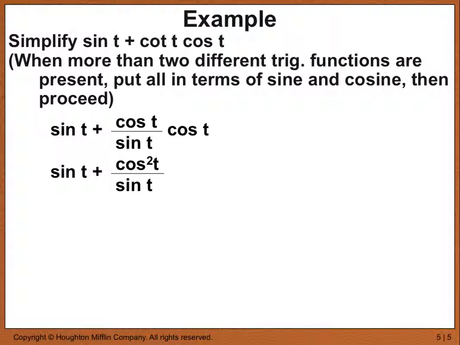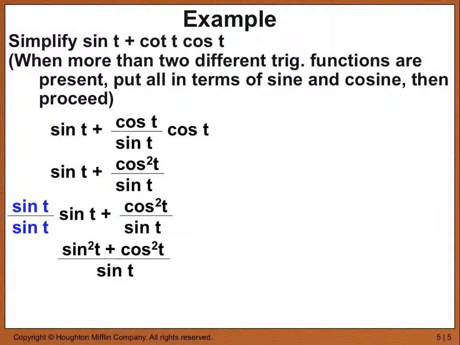Alright, we have sine t plus cosine squared t over sine t. Next thing we want to do is get a common denominator. So we multiply sine t by 1, and I'm calling it 1 because anything over itself is just 1. So we multiply by sine t over sine t, and then we end up with sine squared t plus cosine squared t over sine t.